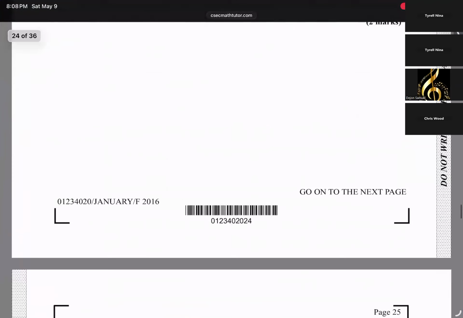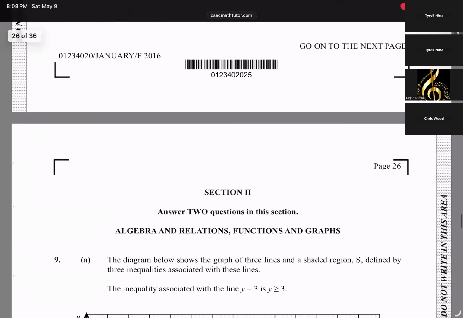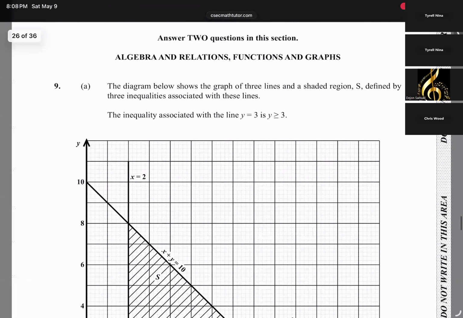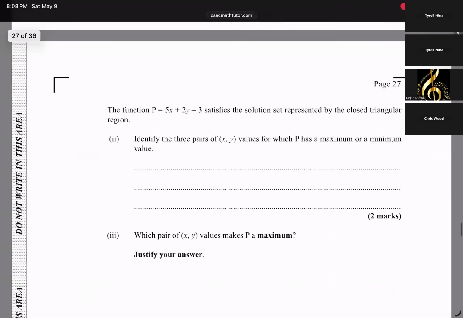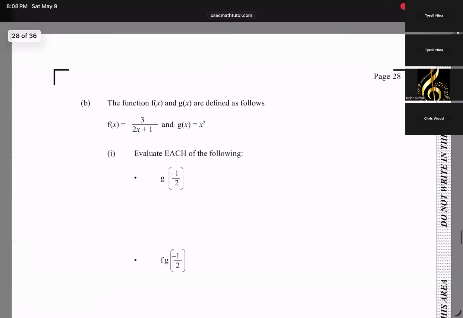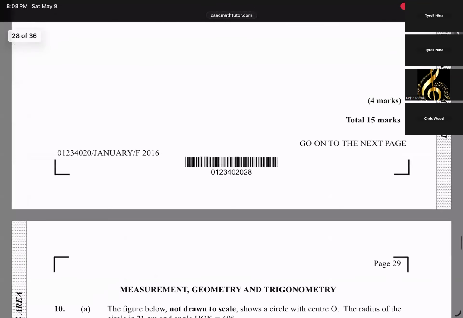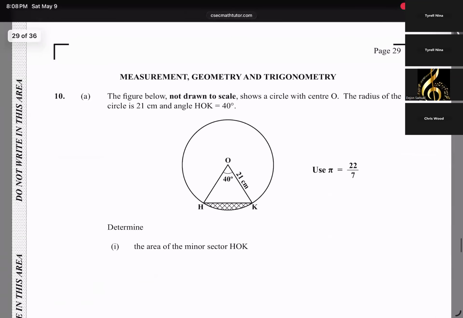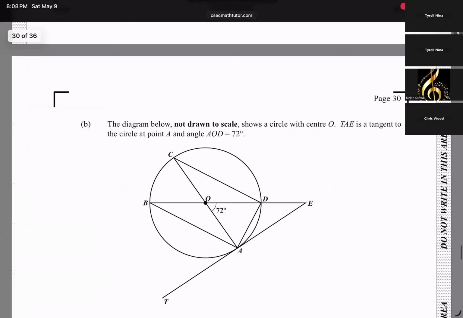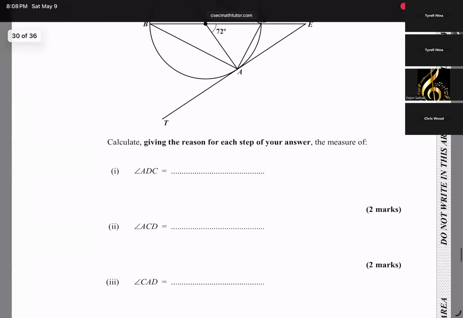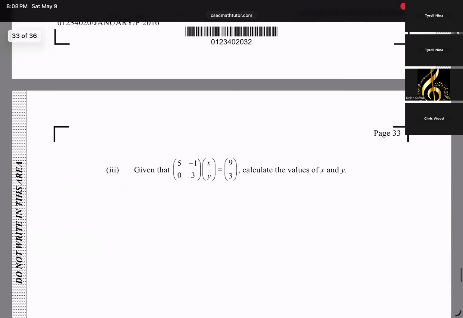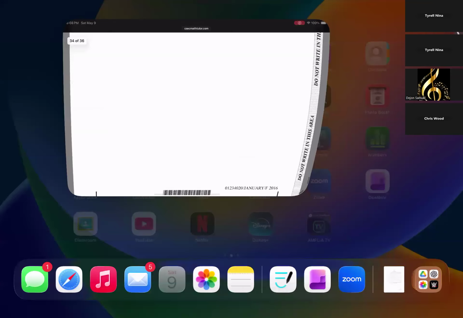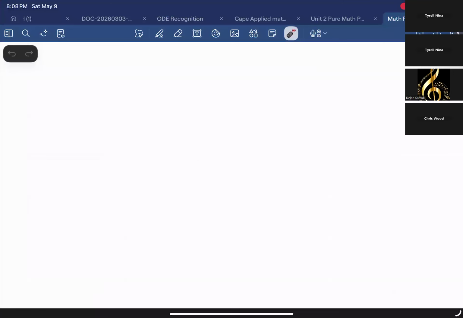So, I'll show you all how to handle those. Linear programming, this was shocking, right? Yeah, so on, functions, circuit geometry, vectors, matrices, and so on, right? Okay, so I want to start, we'll go backwards, right?